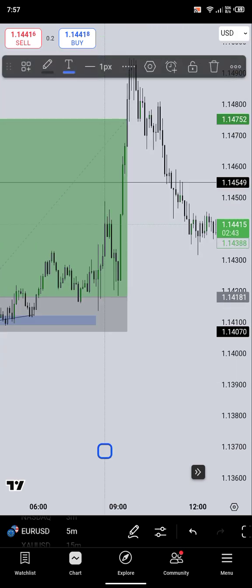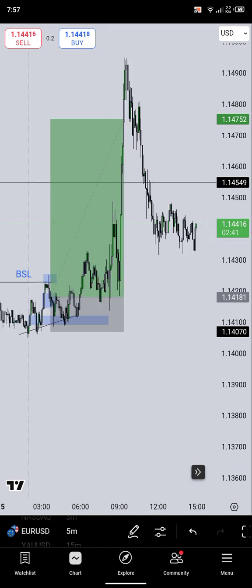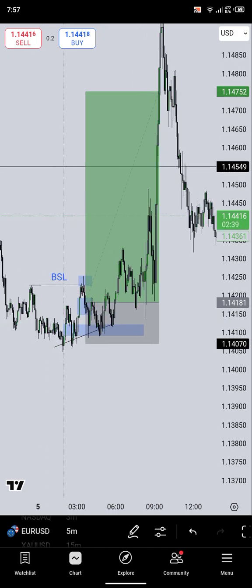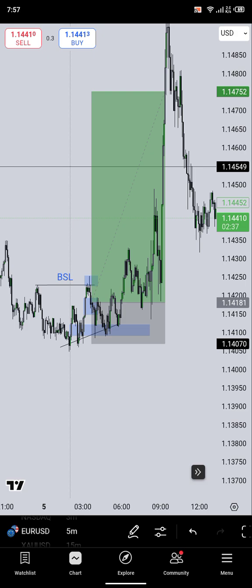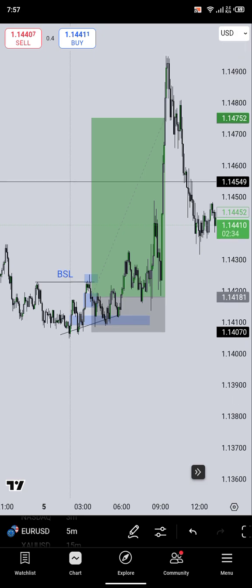Okay, so that's it. Using our fair value gap, first of all, our draw on liquidity from the higher time frame, because the higher time frame is parent to the lower time frame.